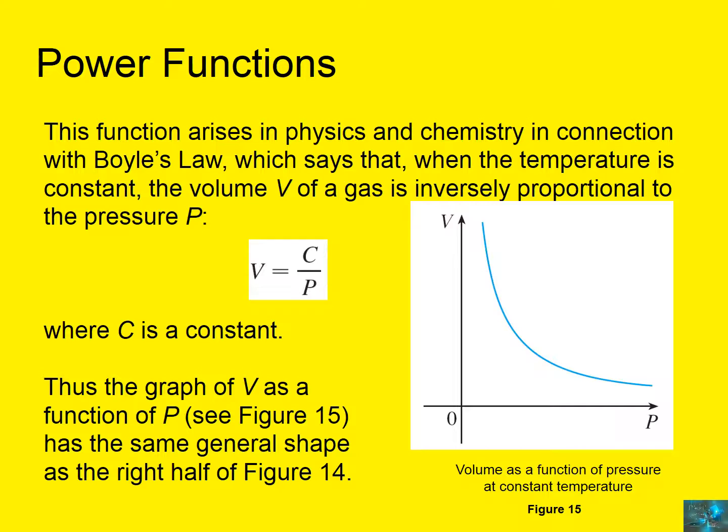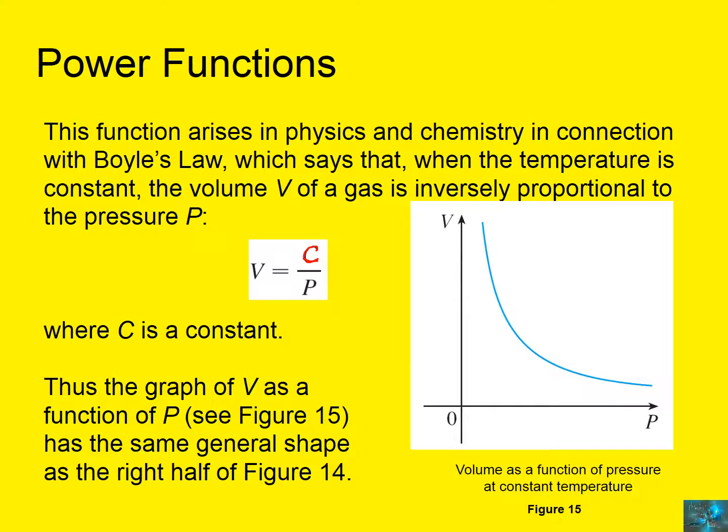It arises in physics and chemistry in connection with Boyle's law, which says that when the temperature is constant, the volume V of gas is inversely proportional to the pressure P. When pressure increases, volume decreases, and when pressure decreases, volume increases in a particular way, where C is a constant of proportionality.